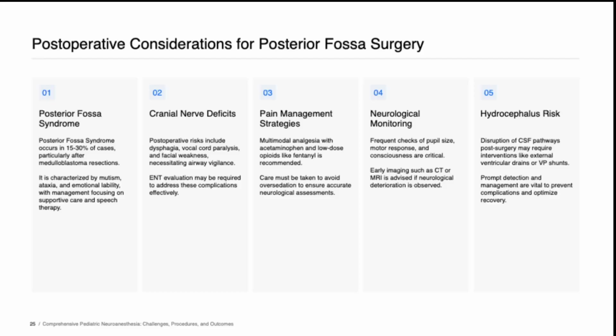Post-operatively, when we're talking about the posterior fossa, as I've said to you, we need to be concerned about the posterior fossa syndrome. Now, that can occur in up to 30% of these cases.